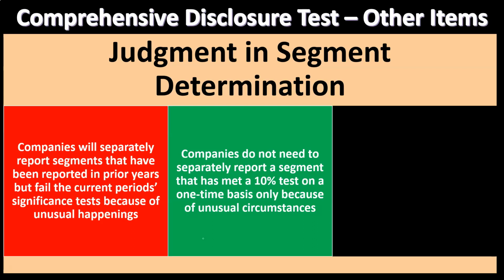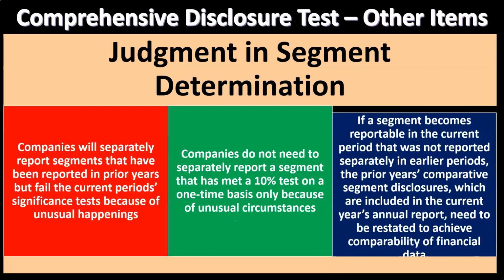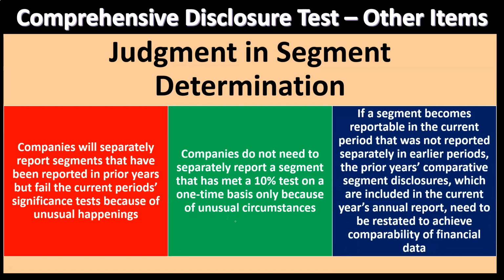So in that case, again, you're leaning on the consistency principle, saying, well, yeah, it met the 10% test, but it met it on a one-time basis, and it's an unusual situation. So maybe even though it meets the 10% test, you may not include it as a separate segment.